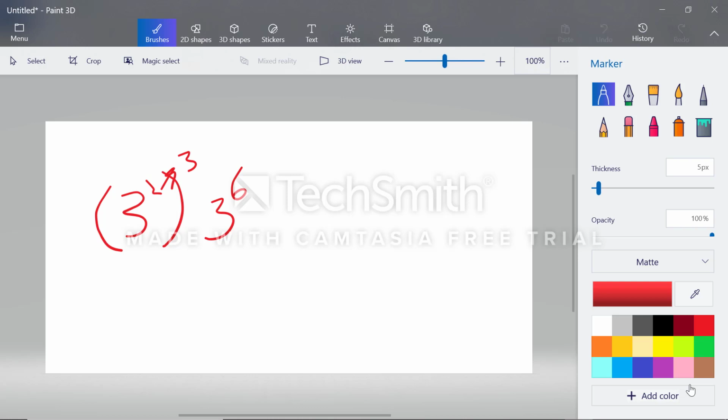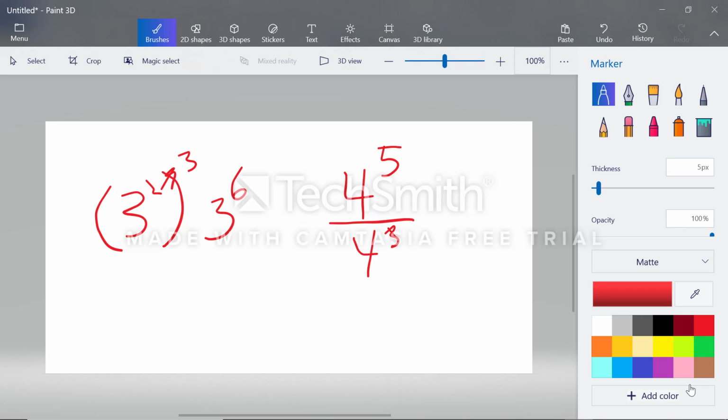Basic, if you're dividing, let's change this up, make this a little different here. Let's have 4 to the 5th power divided by 4 to the 3rd power.